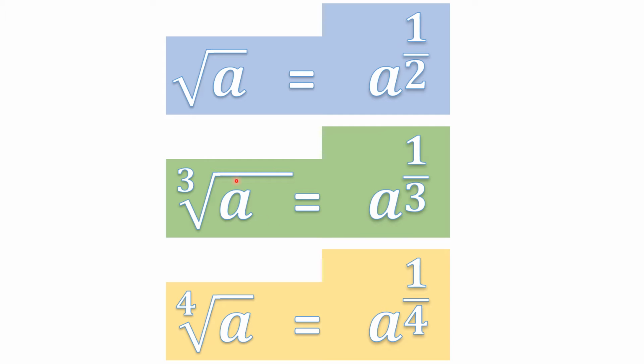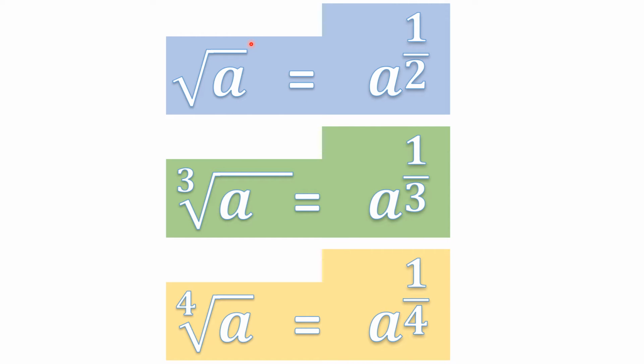Now likewise, cube root of a can be written as a raised to 1 by 3. So for the rest of the numbers, you will be familiar with it, right? Fourth root of a, how do we write? A raised to 1 by 4. Fifth root of a, how will we write? A raised to 1 by 5. Sixth root of a, a raised to 1 by 6. So 1 by something means that it is inside that number's root, right?